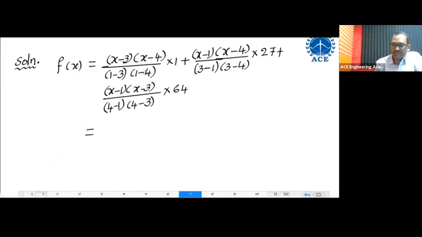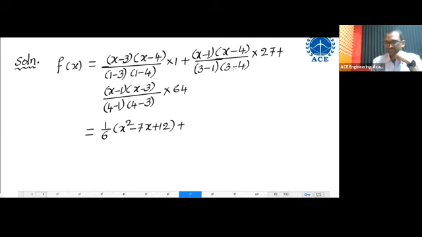So the denominator: 1 minus 3 is minus 2, 1 minus 4 is minus 3, minus 3 into minus 2 is 6. So 1 by 6 into the numerator: x into x, x square minus 4x minus 3x plus 12.